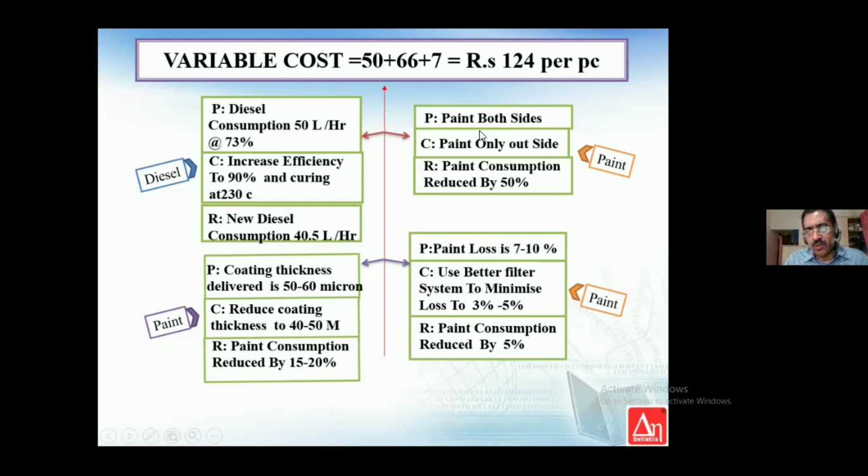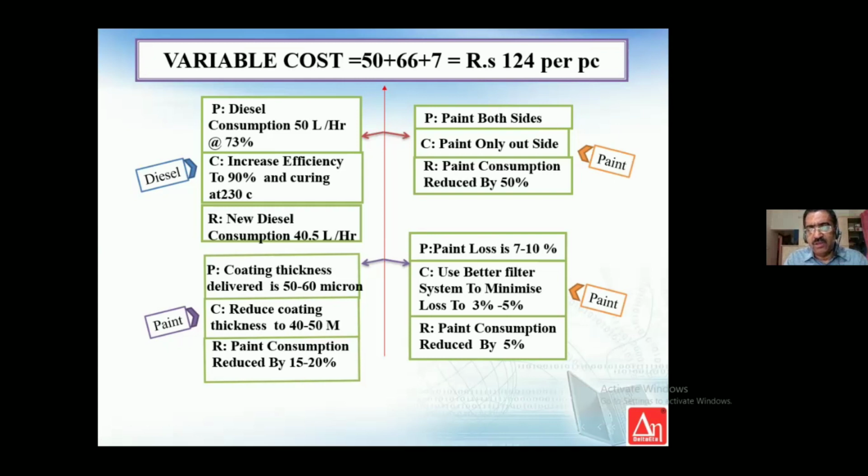Second option we have is for the paint. Here, if you see, the paint is being coated on both sides of the piece, but the specification is silent, which means that the customer is not insisting to have the inside surface also painted. He only wants the outside surface painted.